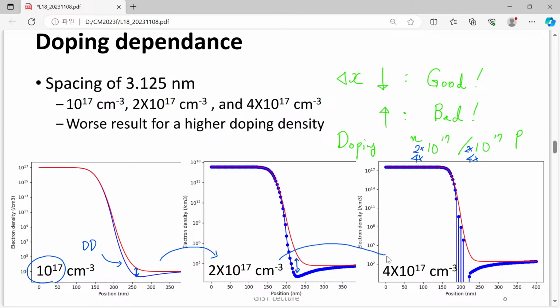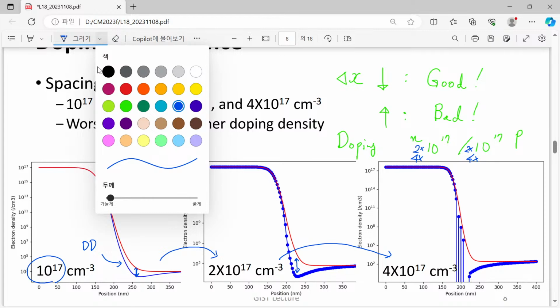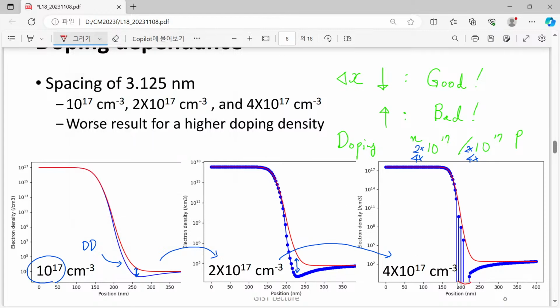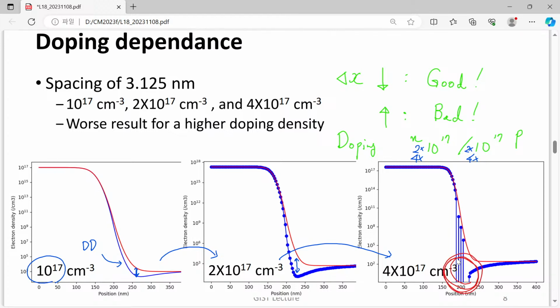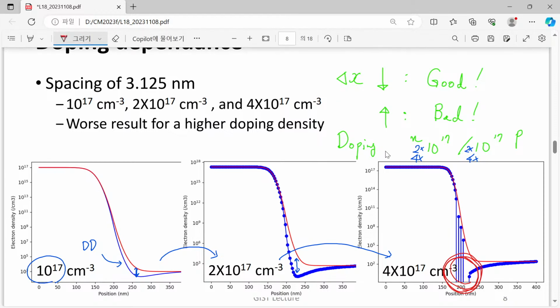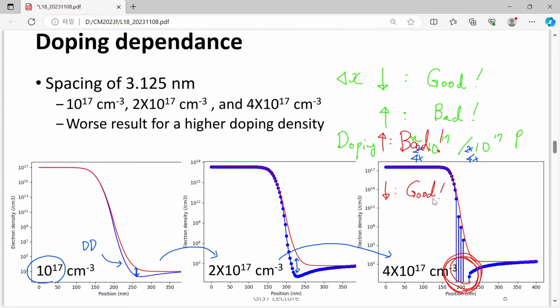Eventually, when you go to even higher doping density, we can observe negative electron density occurring. So simply speaking, if doping is high, that is a bad situation for our simulator, and if doping is relatively low, that is a good situation for our drift diffusion simulator.